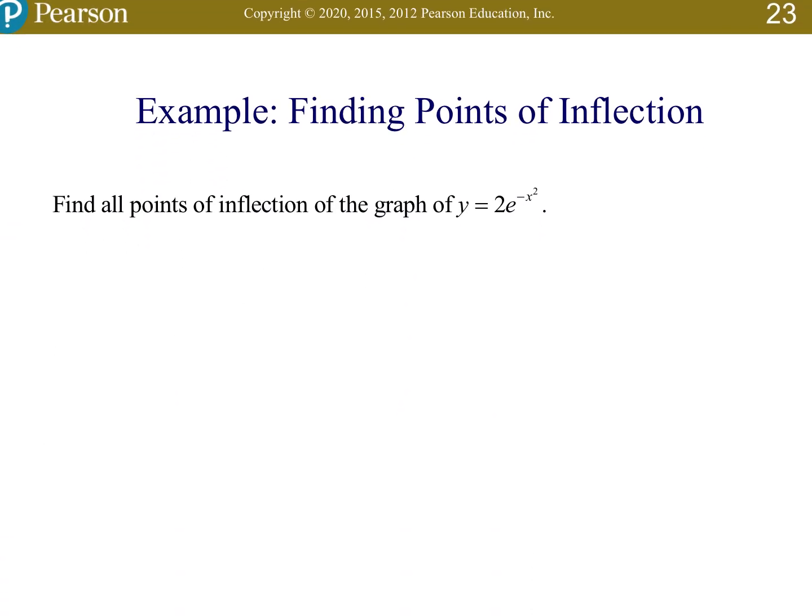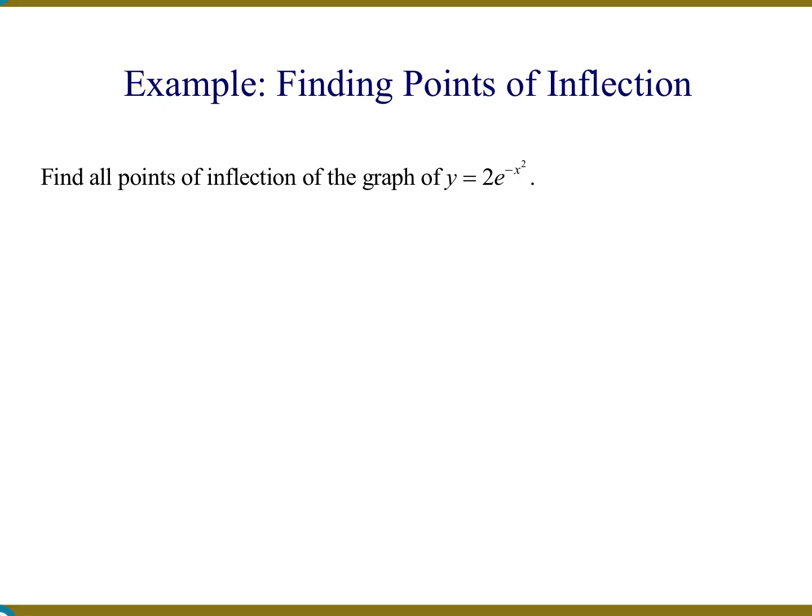How about finding inflection points for something that's exponential? Does this have points of inflection? Well, let's take a look at it. So let's take a look at what y prime would be. This is an exponential graph, which means its derivative has 3 parts. Part 1 is 2e to the negative x squared.